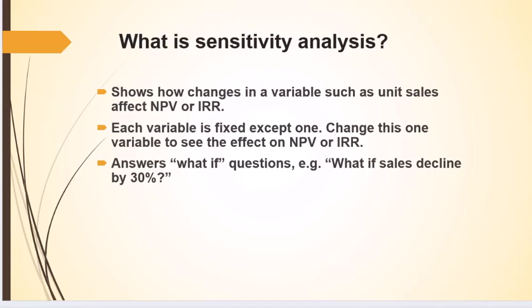So everything is fixed except for one variable. This type of analysis answers the question: what if? What if sales decline by 30%? How will that influence the value of this project to the company?